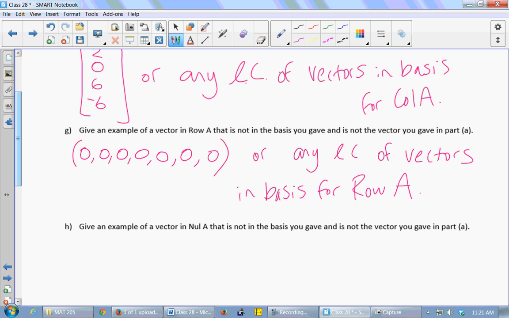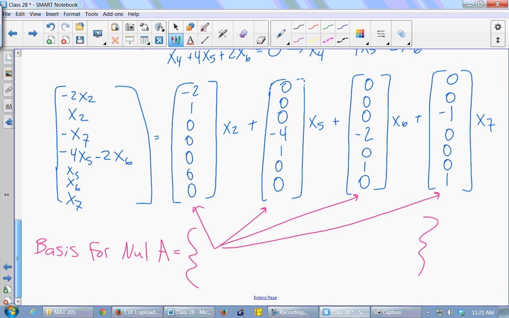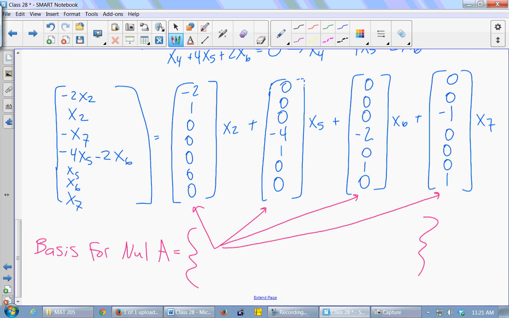How about a vector in the null space of A that's not in the basis and not the vector you gave in part A? Yeah, so we'd have to take part D here. So we've got a basis. I can't just grab one of those vectors, though all of them are in the null space. I'm asking for one that's in the null space, but isn't one of these 4 and isn't the 0 vector. You could add them all together. You could add 2 of them together.